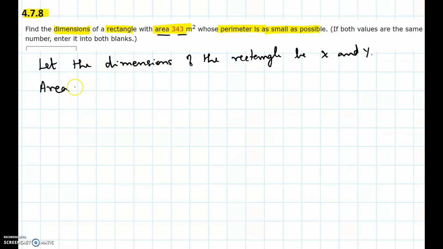So area of the rectangle, which is length times width, is equal to 343. So from here, we can solve for one of the variables, which is y, we will solve y equal to 343 over x.